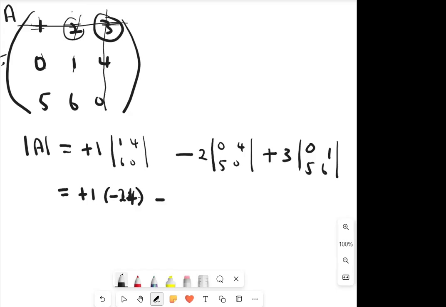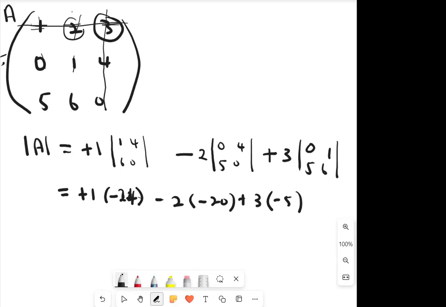Over here now, minus 2 times 0 by 0 is 0 minus 5 by 4 is 20, so you get minus 20. Plus 3 times 0 by 6 is 0 minus 5 by 1 is minus 5, right?